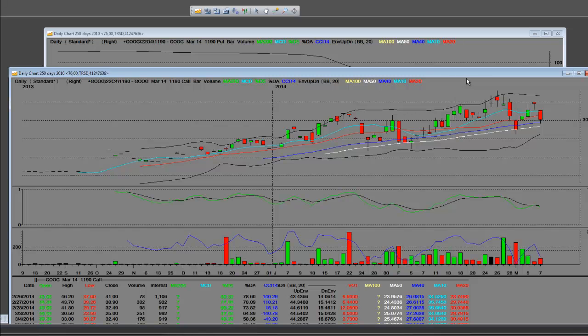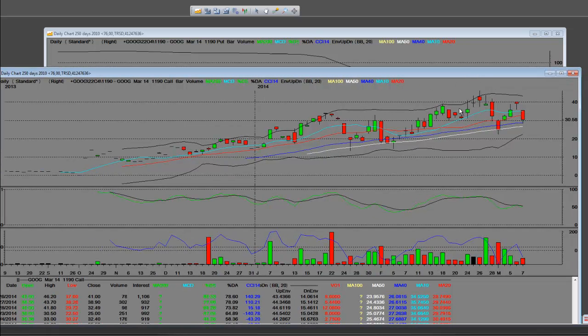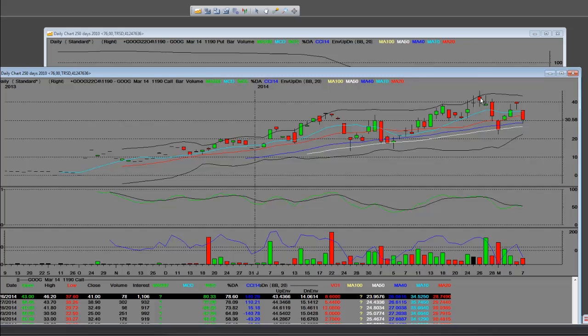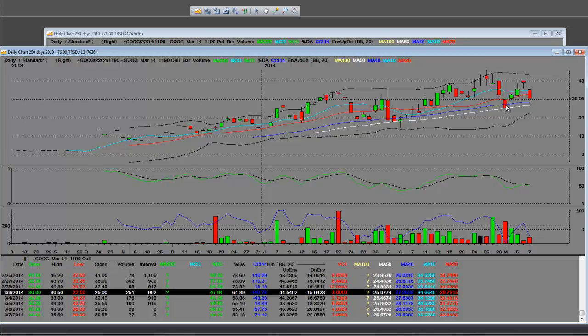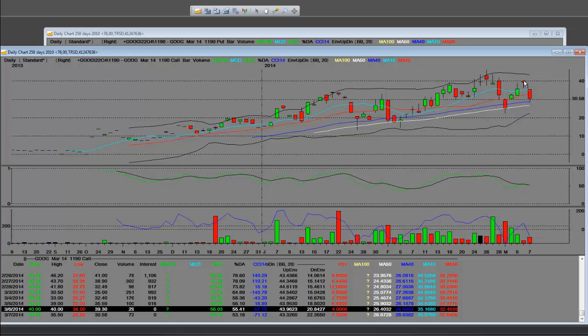So when Google had made that low, we peaked over here, because at that strike price you have a strike price of $46 for the call, and that was inflated. So we also have a low of $22 on 3/3 of this 1190 call chart. Right over here, we had another high of $40 and a low of 36.